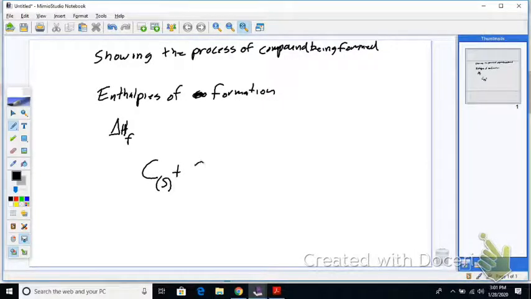We're going to combine it with oxygen, which is naturally O2 gas. Okay, and we're going to make CO2. So what we're doing is taking all the elements that make up the compound and writing them in their natural form. So that one's really easy because it balances and we're in good shape.